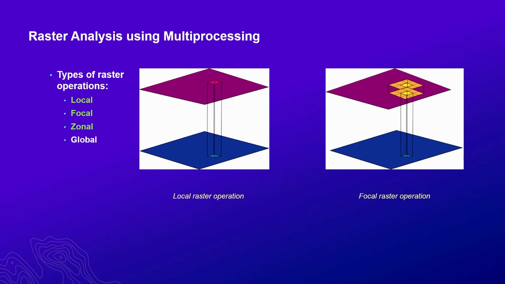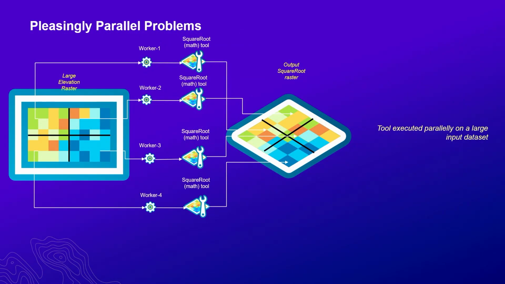Parallelization cannot be done easily with a global operation, even though we have done it in our tool, but it requires a lot of effort. The simple parallelizing problems are local and focal, where you divide your raster, send a different chunk to a different processor, get the work done, and put it back together.